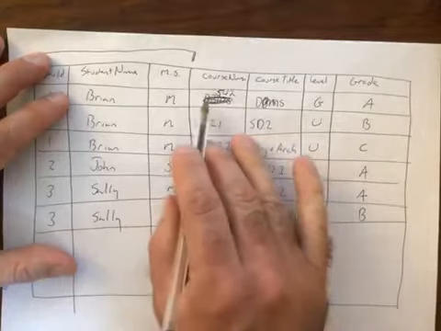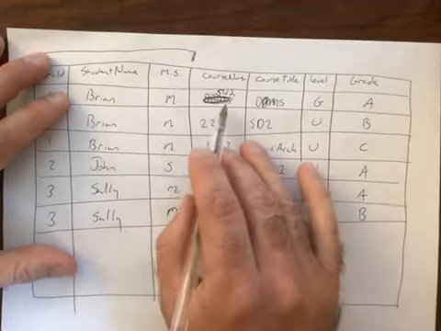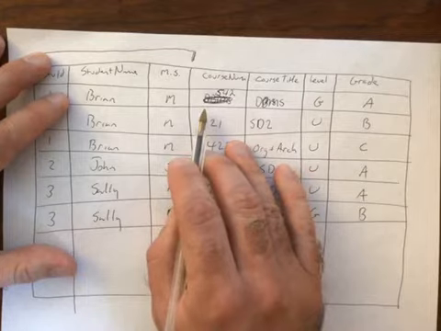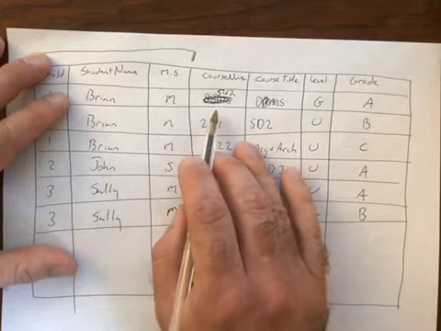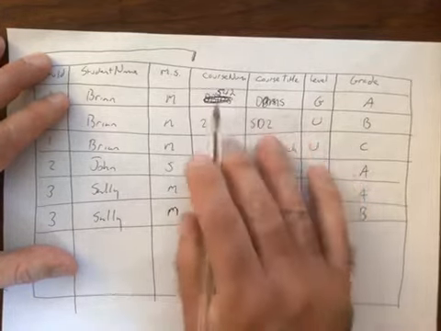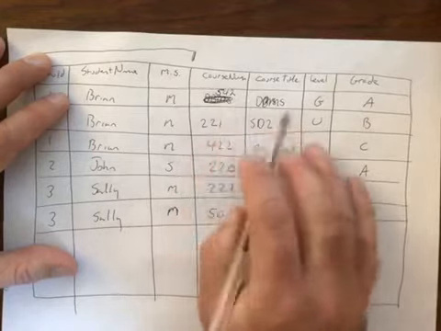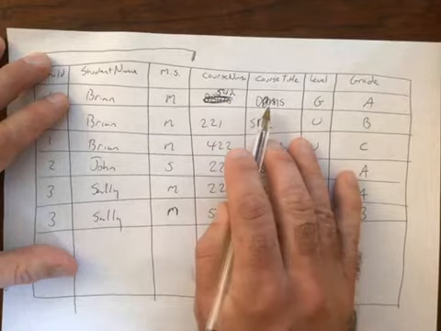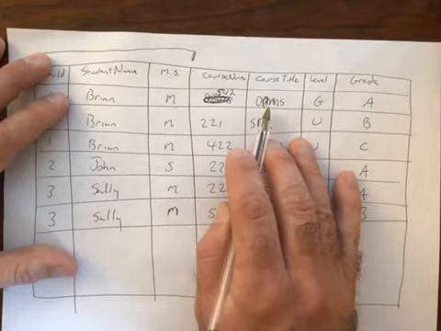So what is functionally dependent on course number? Is course title functionally dependent on course number? The answer here is yes. The way we have this laid out, it absolutely is true that only one course is going to have the number 542, and that course will only ever have one name.